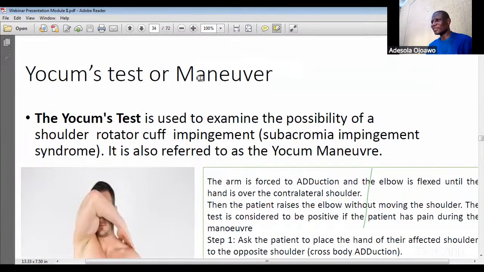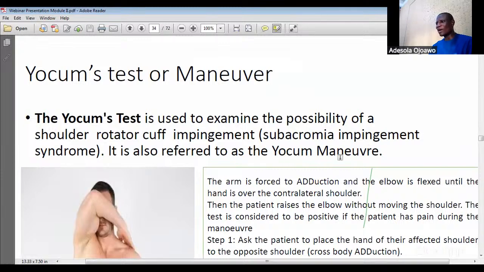This is another one, very interesting. I call this one the Yocum test. Yocum test or maneuver. Not a common practice, but not hard to understand, it is very simple for us. It's used to examine the possibility of shoulder rotator cuff impingement. The patient can do it. Subacromial impingement syndrome.